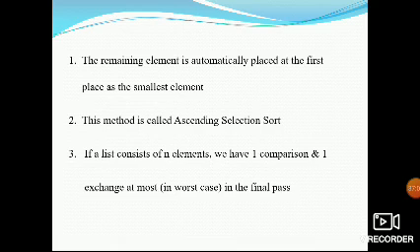In the second pass, the second smallest element is searched in the list and exchanged with the second element in the given list. This process is repeated until all the elements in the given list are sorted.